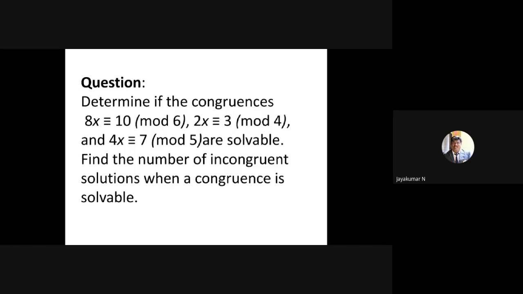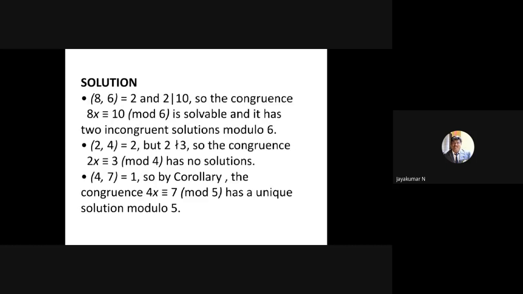As usual, we are going to find the GCD between a comma m. Actually, the GCD between 4 comma 5 is 1. I wrongly put 7. So 4 comma 5, 1.